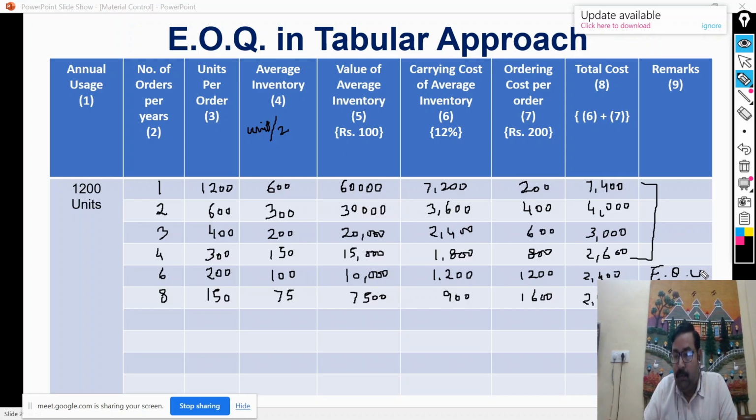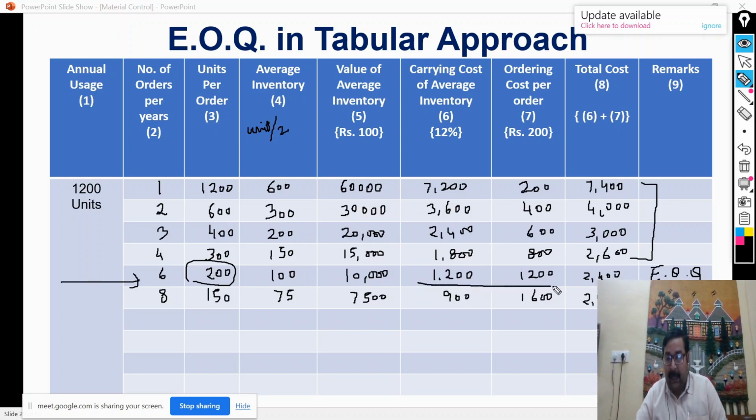EOQ means in this situation, when we order 6 times, 200 units is my economic order quantity, because in this our ordering cost and carrying cost are both minimum. Total is minimum, 2400.